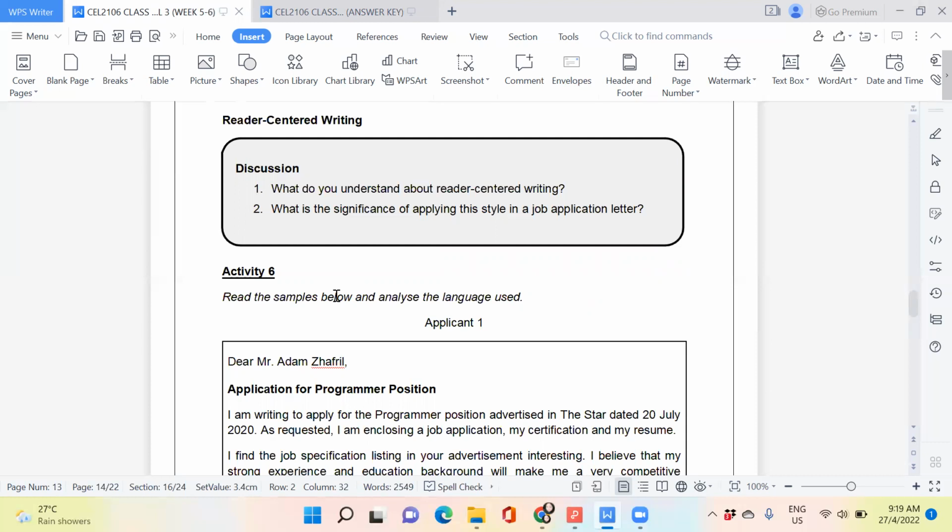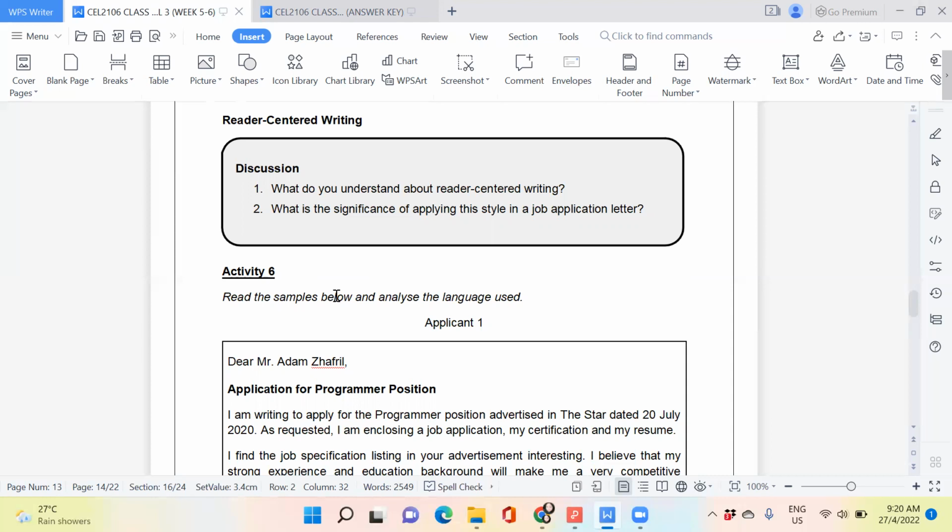But in future, when you graduate, you will be writing to a number of companies, especially to the hiring committee. So when you write your cover letter or your job application letter, you need to write with your readers in mind. You have to know who your audience is, okay?